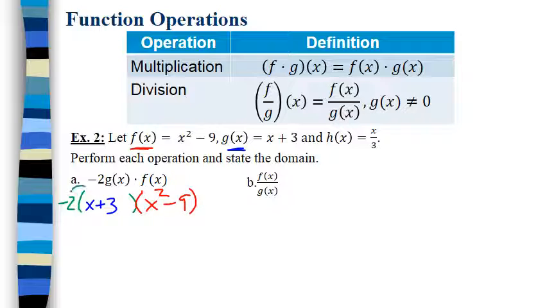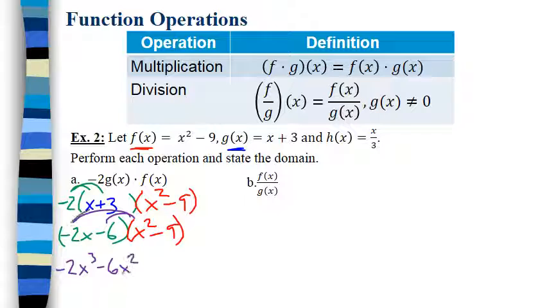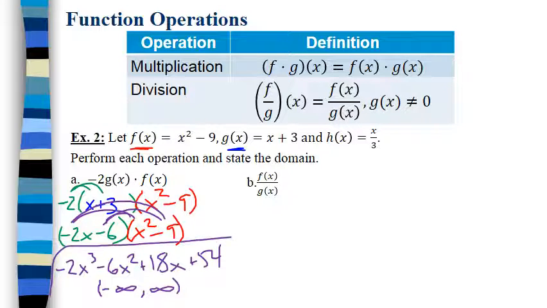So if I distribute the 2, I have negative 2x minus 6 times x squared minus 9, and if I distribute, I have negative 2x cubed minus 6x squared plus 18x plus 54. And again, this is a polynomial, so when we talk about all the possible values of x, all real numbers.